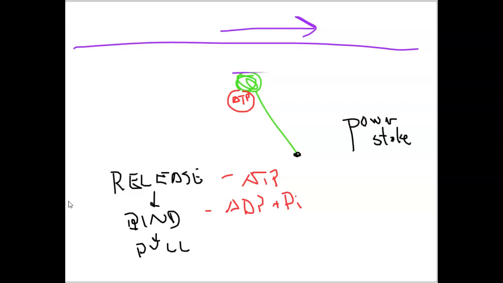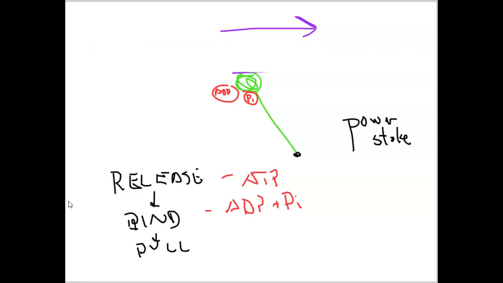But it cleaves it into ADP and the phosphate. So the phosphate is kept. So now we have ADP and the phosphate is bound. And that is the bind step of myosin. So that's when it binds once again to actin.